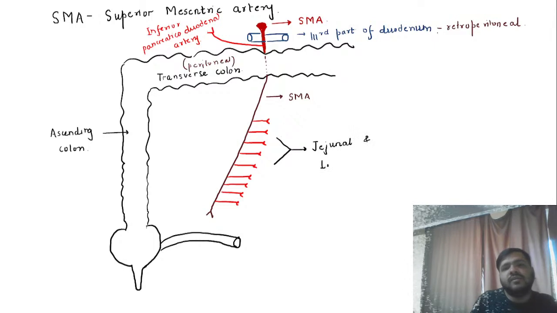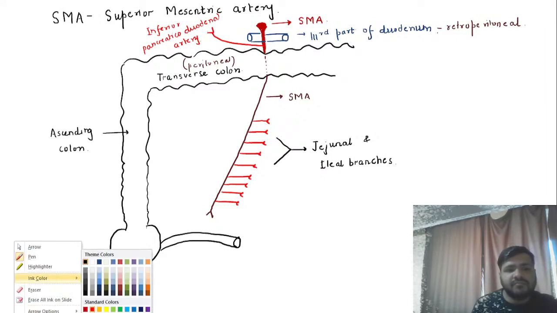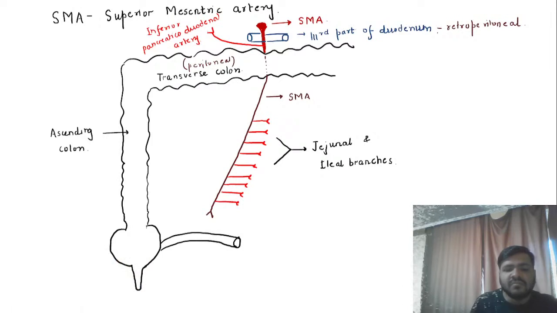Right, now another branch that is coming from here is the middle colic artery.